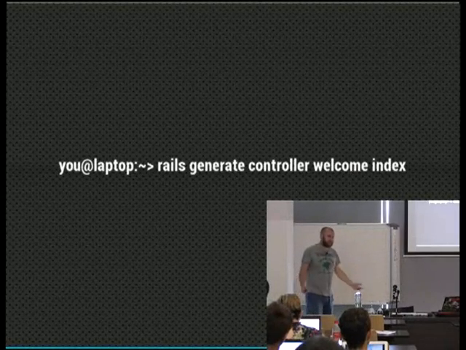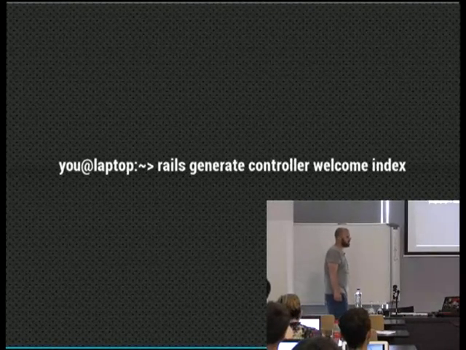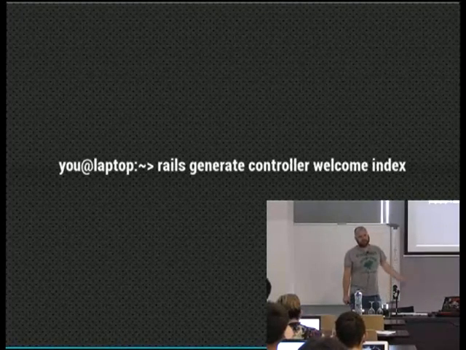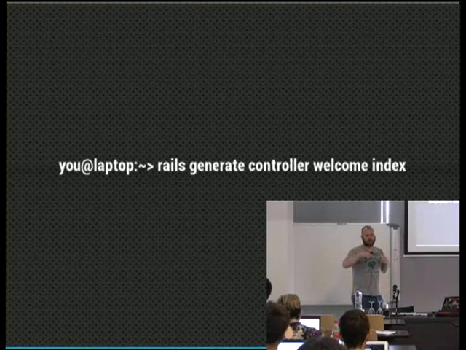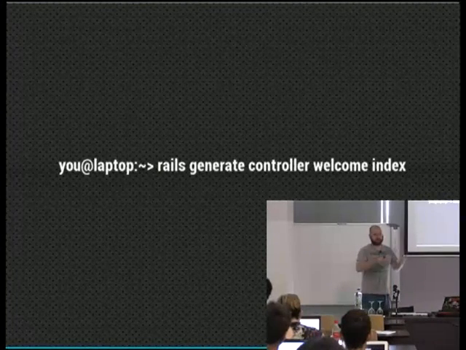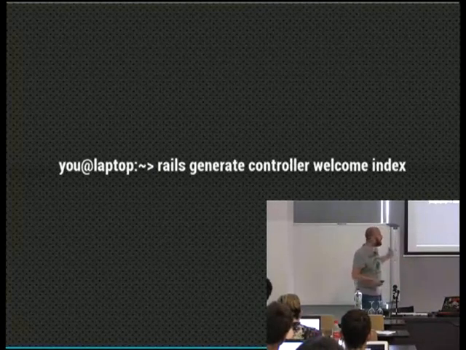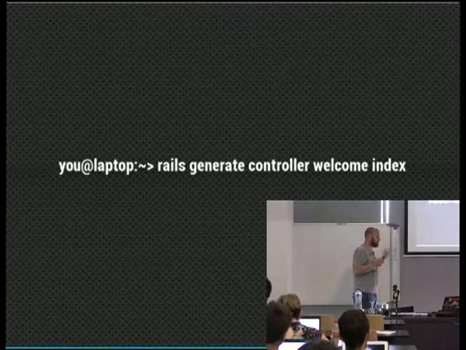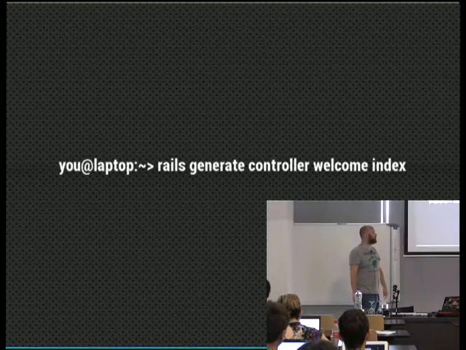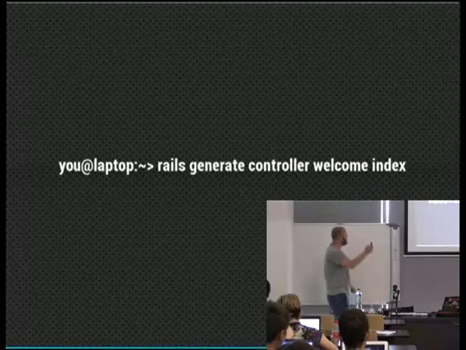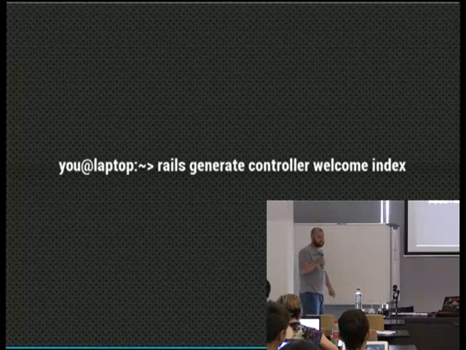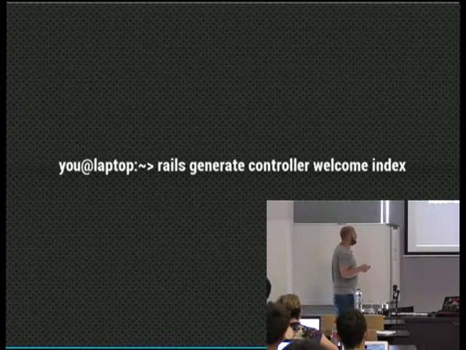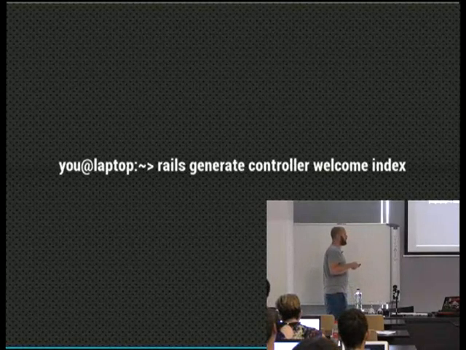For that, we need to create a controller, because if we want to display something, a controller needs to take the input from the browser, be it show me some page, and show the view files.